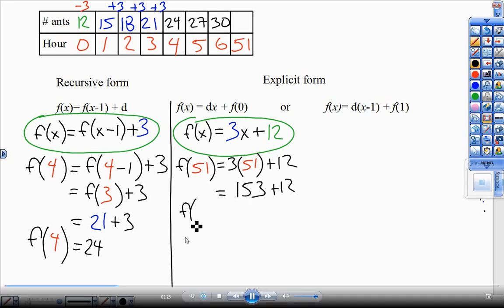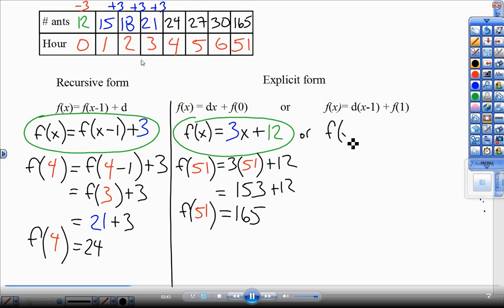And then when I add those up, the function at the 51st term, or after 51 hours, just adding 3 at a time, gives me 165. Constant rate of change, adding by 3 every time.